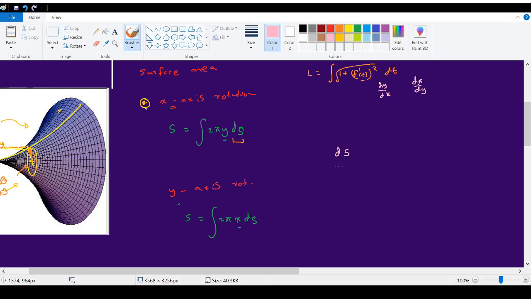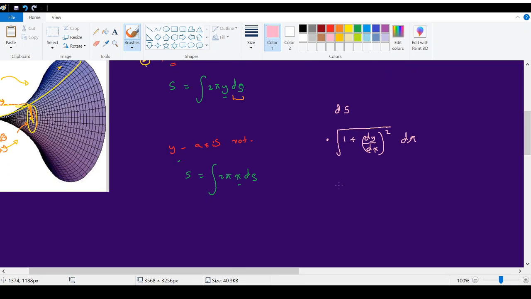It can either be this one, square root of 1 plus dy by dx squared, times dx. This is almost the same thing as in the arc length formula, because in the derivation we are using the arc length formula.